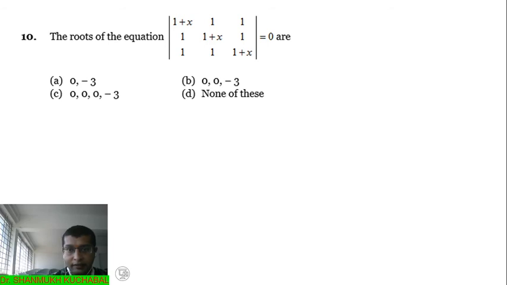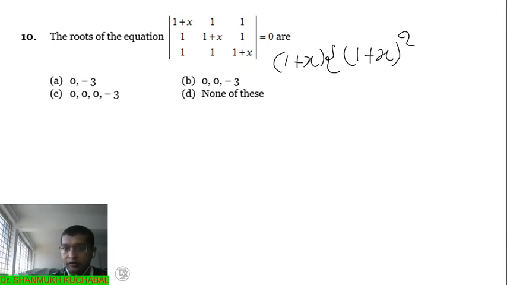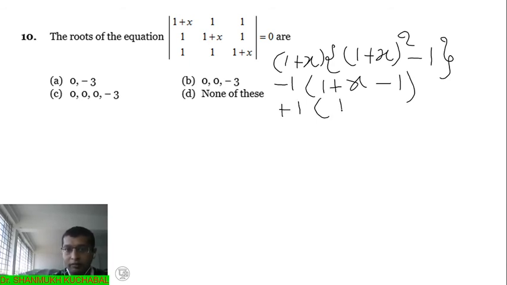So we get 1 plus x outside, we get 1 plus x whole square minus 1, minus 1 into 1 plus x minus 1, right? 1 plus x minus 1 plus 1 outside, 1 minus 1 minus x, like this.